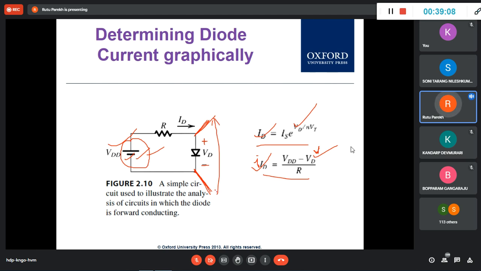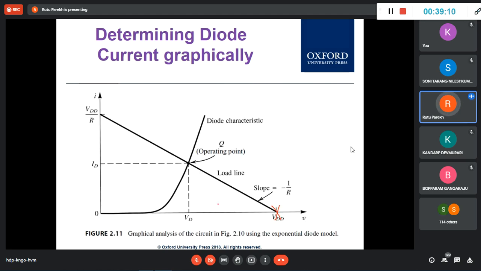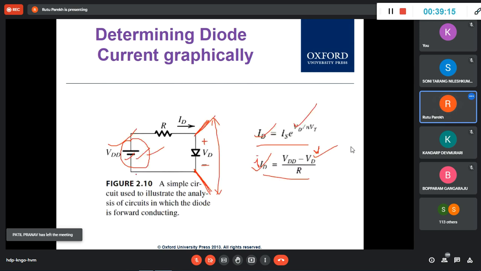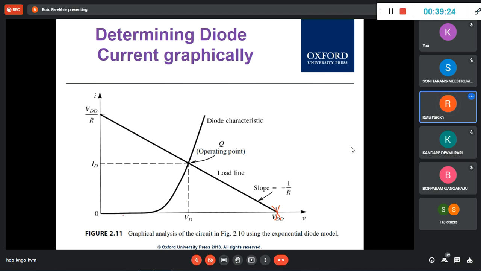But for the diode, see, there are two things here. One is R and one is this diode. Both have different IV lines. This diode is only up to here, that VD.